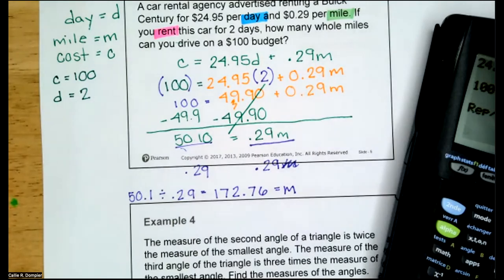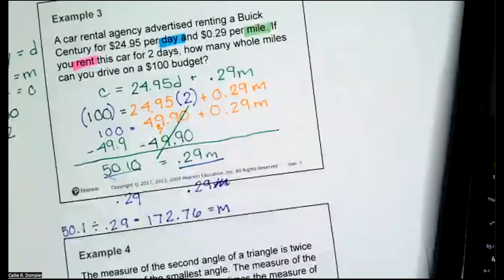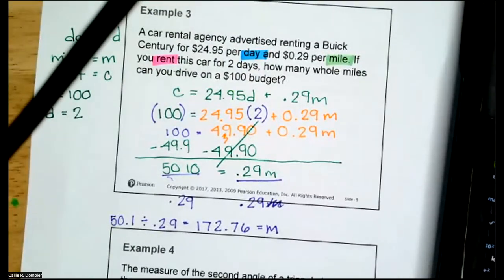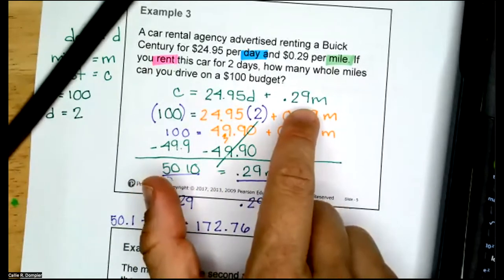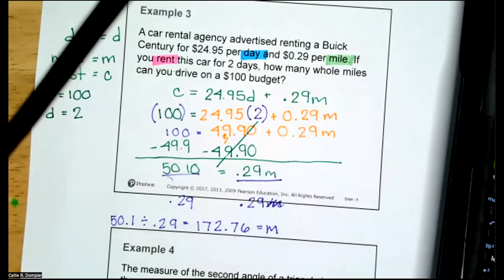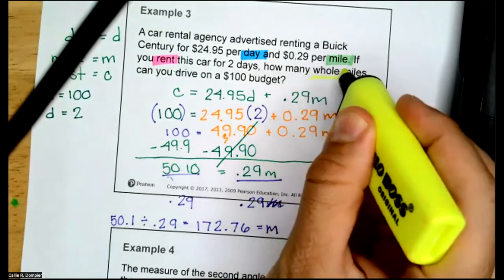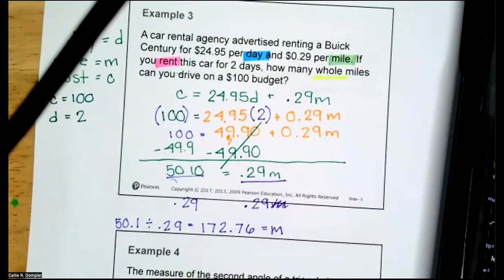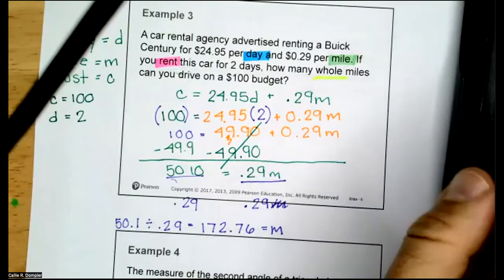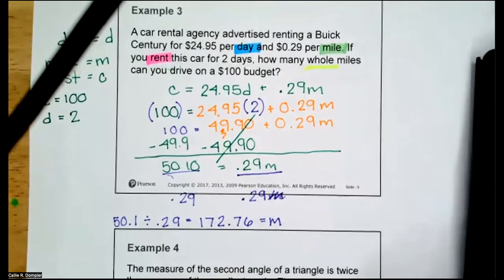But if I go back and read it, does that answer my question? A car rental agency advertised renting a car for $24.95 a day and 29 cents per mile. If I rent the car for 2 days, how many whole miles? Okay, so I need to notice the word whole here. My number is not a whole number. It's 172.76. I only had $100 to spend. So if I spend exactly $100, I'll get 172.76 miles.